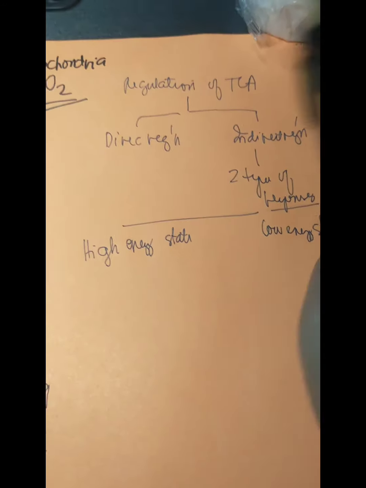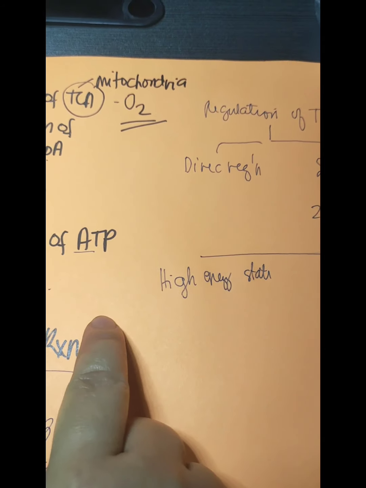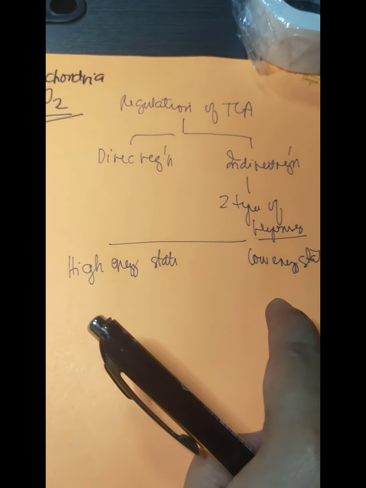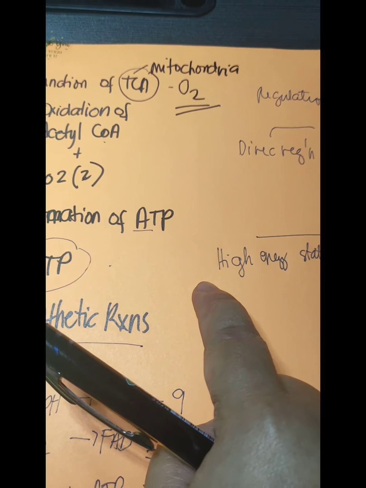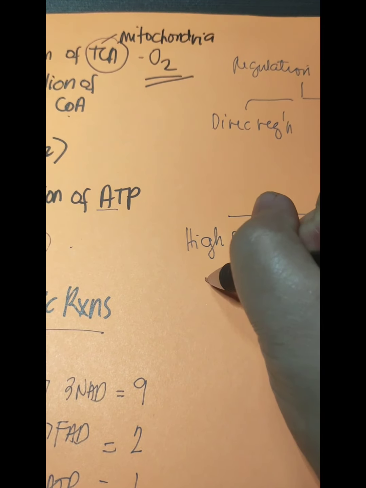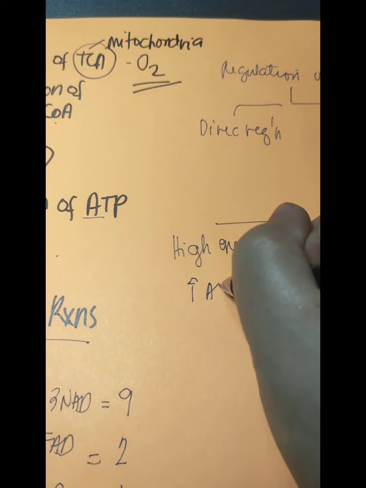So, ayan ha, there are two types of responses, either to the high energy state or to the low energy state. So, paano ba kapag high energy state? Sa high energy state, mataas na rito ang ATP. So, what do you expect?